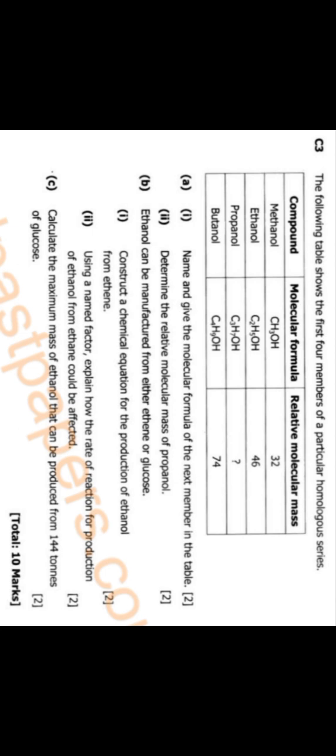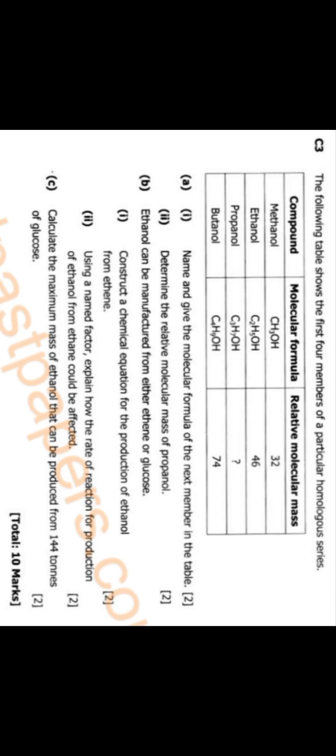Using a named factor, explain how the rate of reaction of production of ethanol from ethene could be affected. The named factor is phosphoric acid, which will act as a catalyst to speed up the rate of production of ethanol.